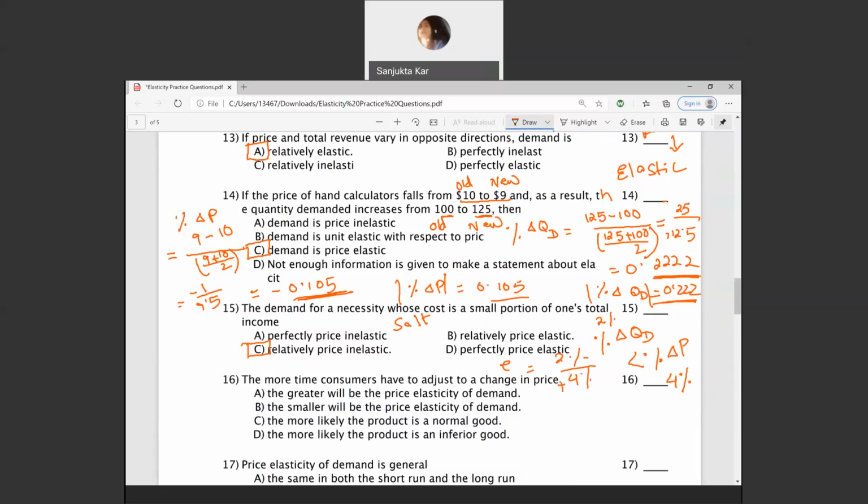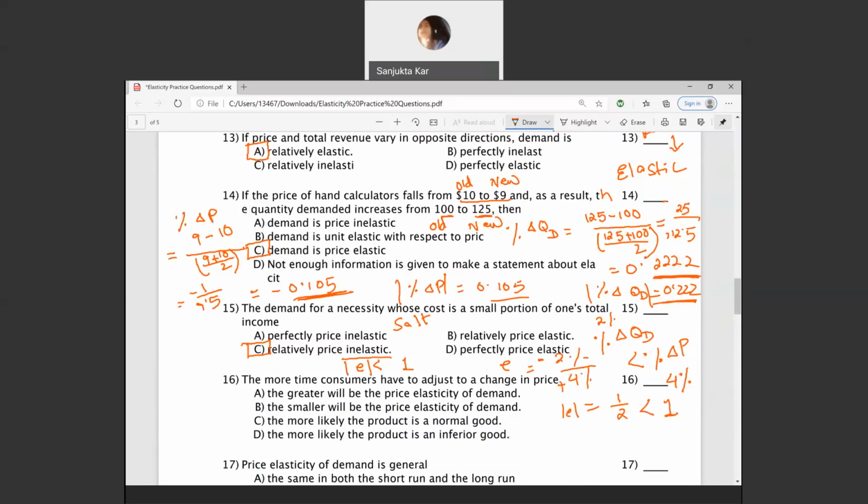So this is positive, this is negative. The absolute value is equal to 1/2. This one is less than 1. Less than 1 means inelastic. Okay. The absolute value of the coefficient is less than 1.